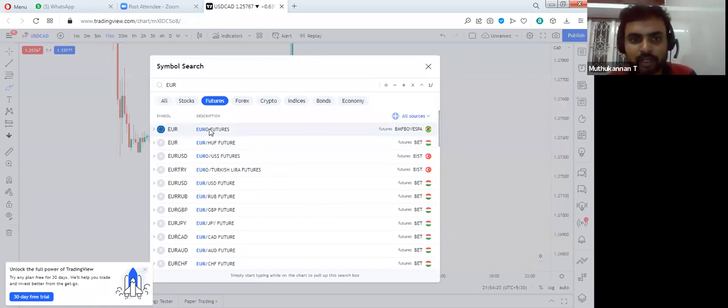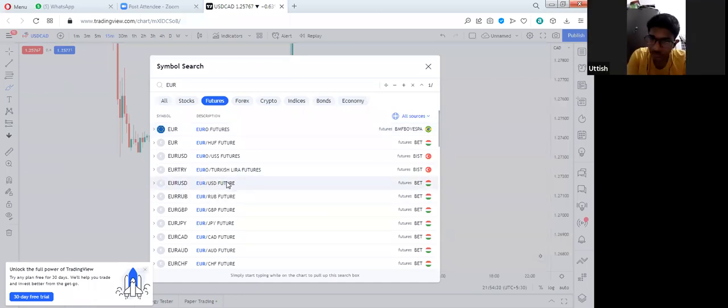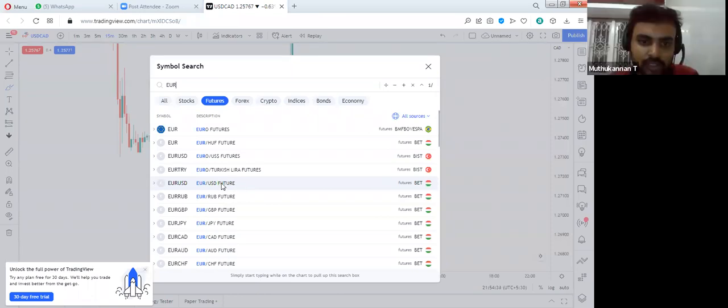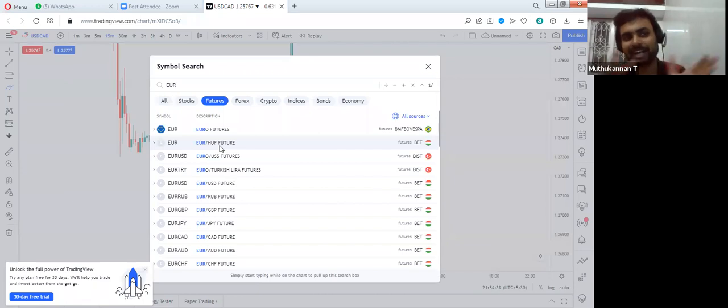This is the futures market, and in that case, you can consider Euro USD as a spot market. But I cannot say it is completely a spot market. You can see here there is also a Euro USD future. Because it has two currencies involved, you cannot clearly say it is a spot market, but you can consider it so.